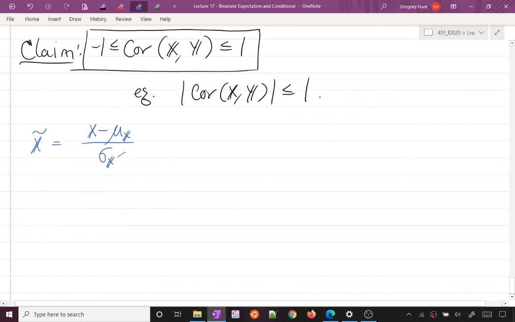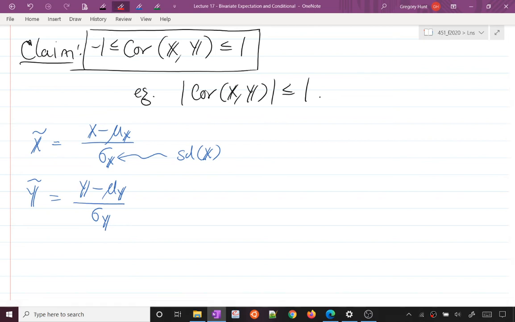Here sigma of x is just the standard deviation of x. And I'm going to work with y tilde, which is also going to be y minus its mean over its standard deviation. In intro stats, they call these z-scores. That's basically what they are. Prove to yourself.